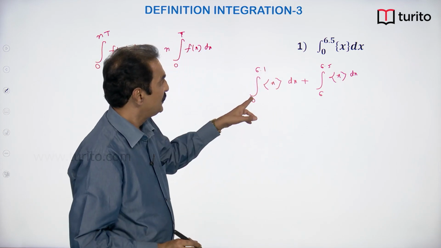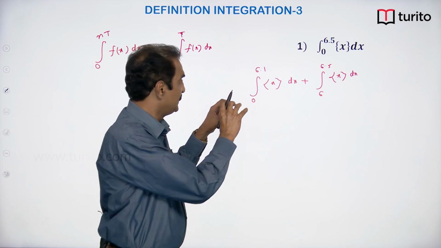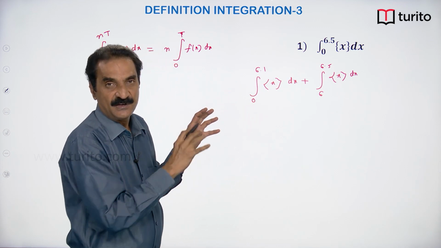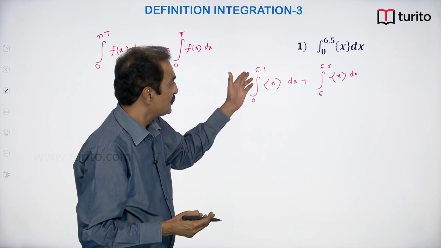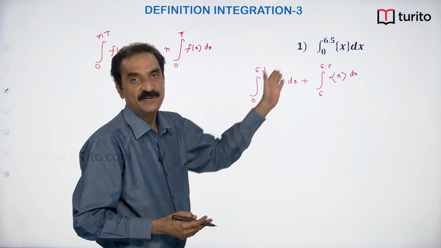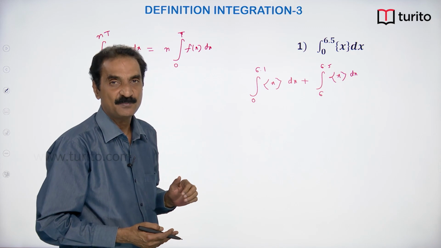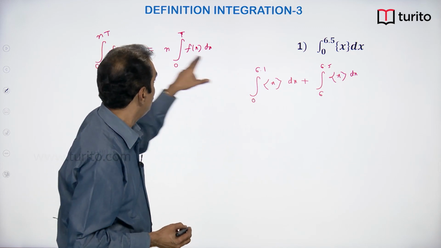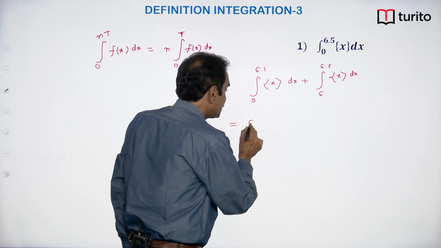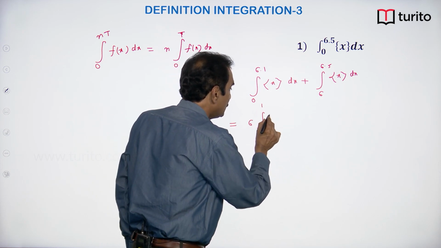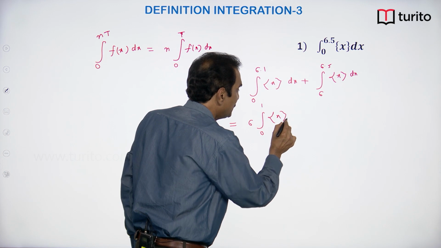We know that a definite integral can be separated into two integrals. It can be expressed as sum of two or more integrals. 0 to 6, 6 to 6.5 means we are integrating from 0 to 6.5. Now, using this property, it is equal to 6 integral 0 to 1 fractional part of x dx.